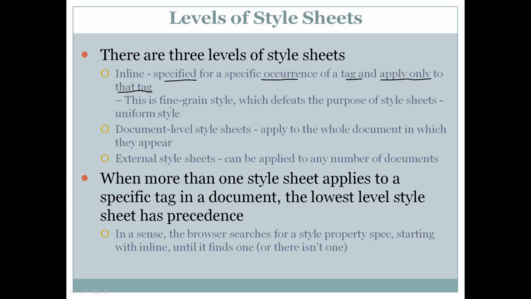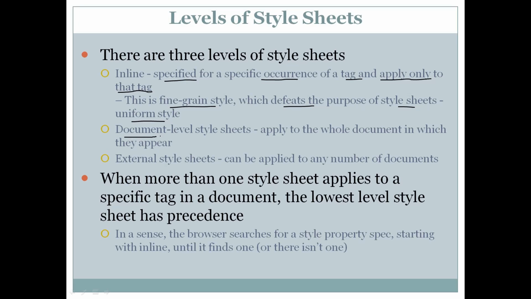This is a fine grained style which defeats the purpose of a style sheet, that is uniform style. The purpose of a style sheet is uniform style across multiple documents, but if we apply a style to a particular tag, then it will not be uniform across the documents.